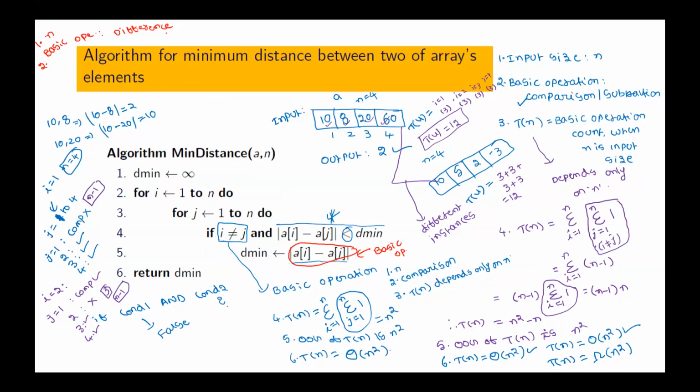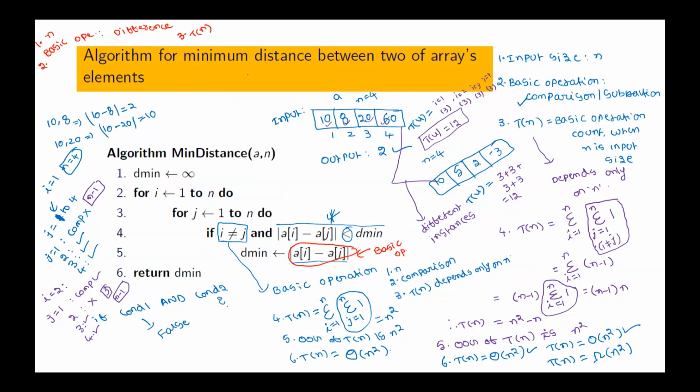Next, what is the third step? T of n is the number of times this a of I minus a of j operation is performed. Whether the number of times this operation is performed depends only on input size or on actual values in the input? It also depends on actual values of inputs.